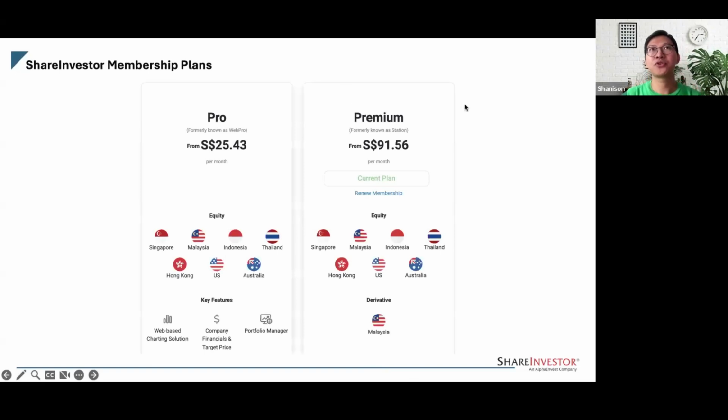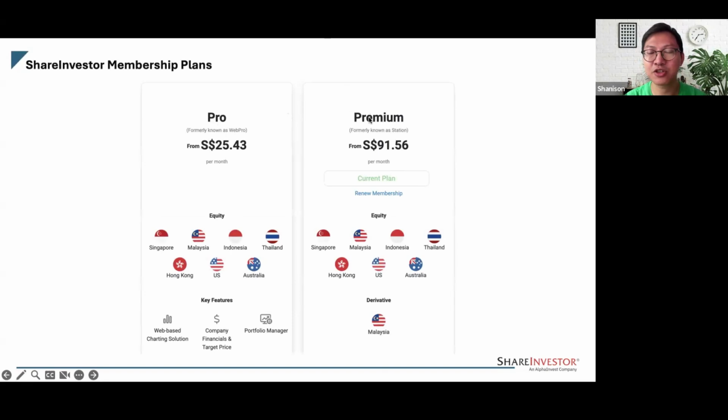Okay, for the members, I just want to make an announcement. For the membership plans, previously we called them Web Pro and Station. We have slightly changed the names to keep up with the times. Shareinvestor Web Pro will be renamed as Pro, like iPhone Pro, as a lot of platforms are adopting this name.